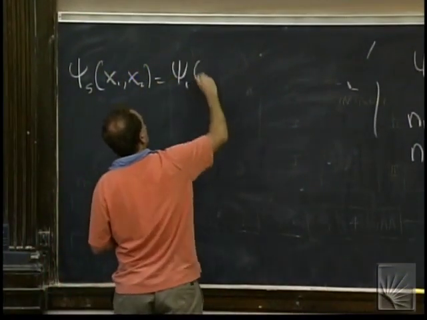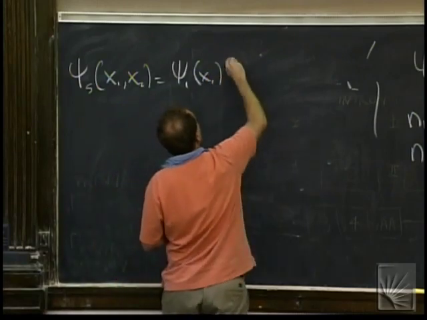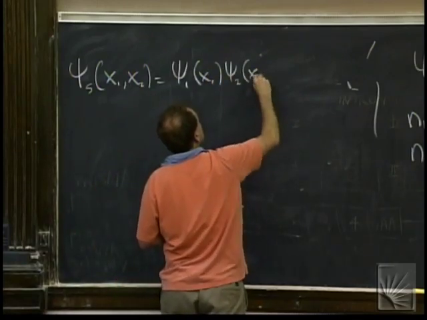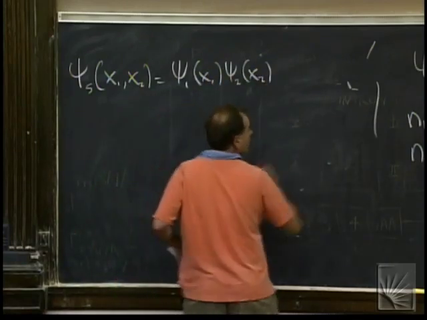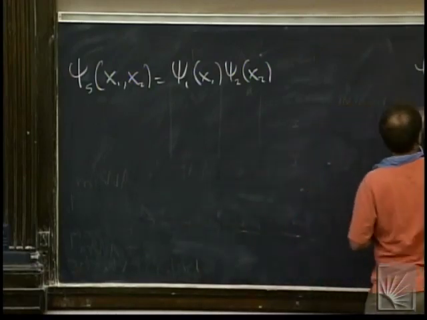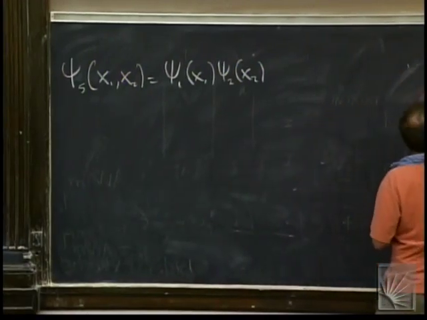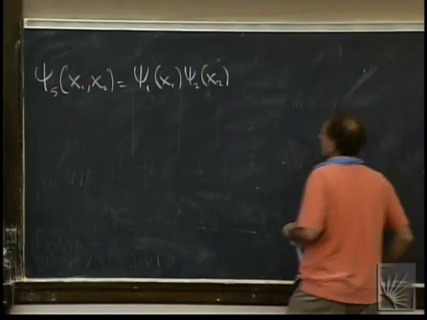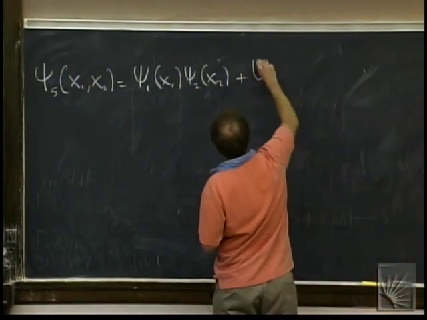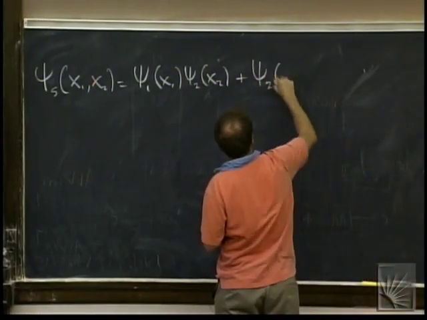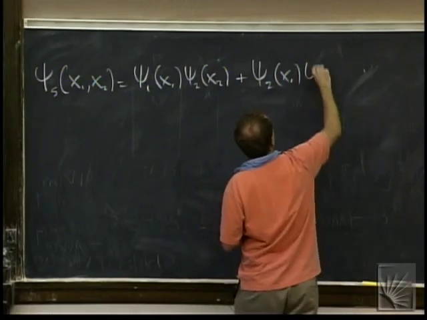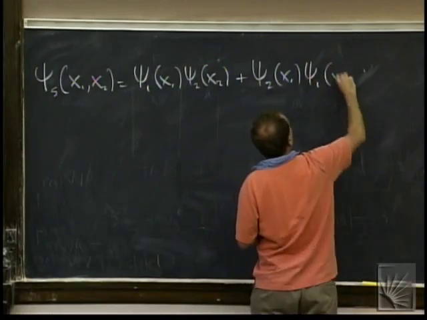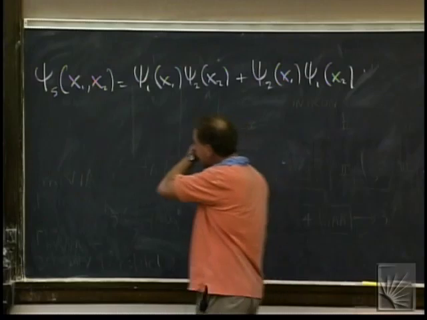This one is psi 1 of x1 times psi 2 of x2, plus psi 2 of x1 times psi 1 of x2.